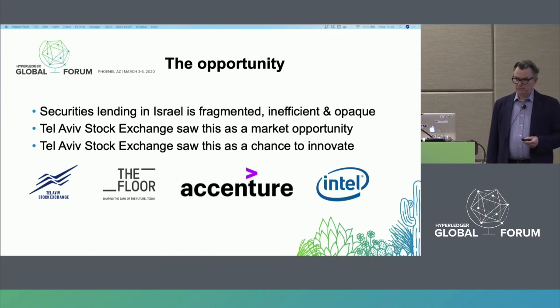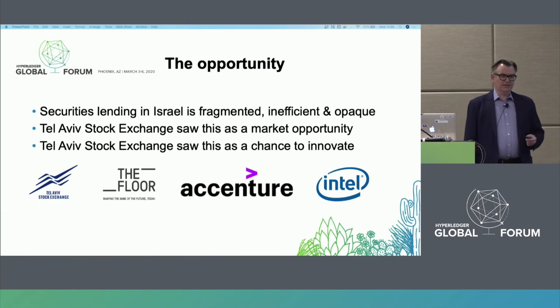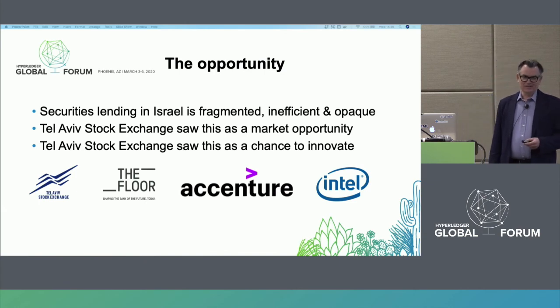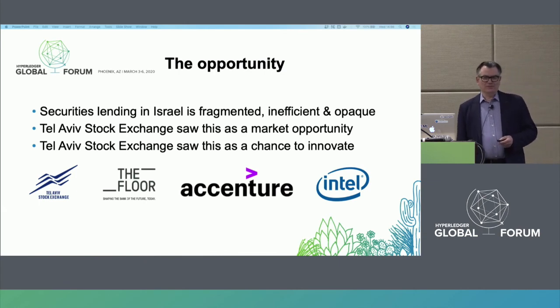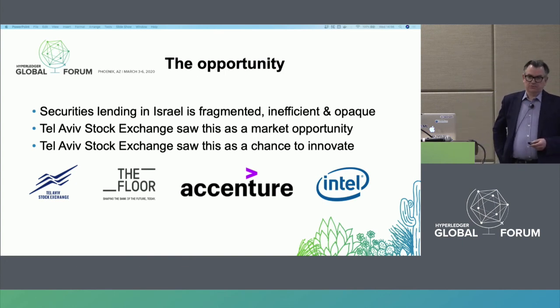And Accenture, not a company that needs incubating, I should add, along with Intel, got involved supporting this, and out of this came the idea of trying to radically transform the securities lending market in Israel. So as the slide says, it was, and it still is, because this project is about to go live, a very fragmented, inefficient, and frankly opaque process.